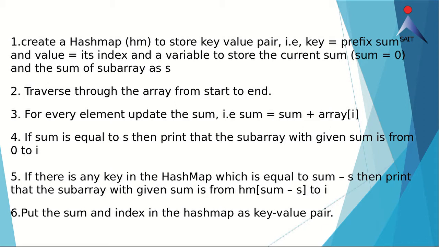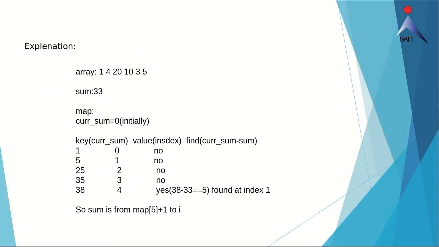Another thing is that if there is any key in the hash map equal to sum minus s, the sum minus the given sum, then print that subarray from the hash map value of sum minus s to i. After every iteration we put the current sum into the key value pair.